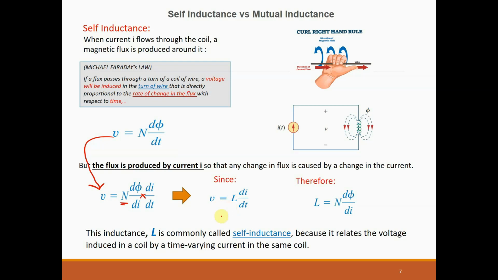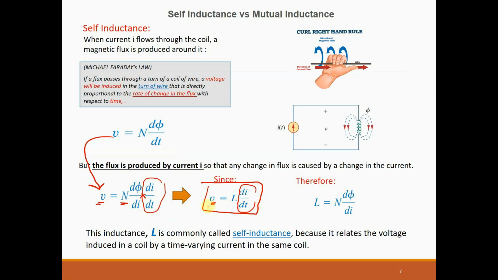Right? You still remember at the beginning, the induced voltage is equal to L di over dt, right? Now notice, comparing these two equations, we have here di dt, and we have here di dt. This is the induced voltage.